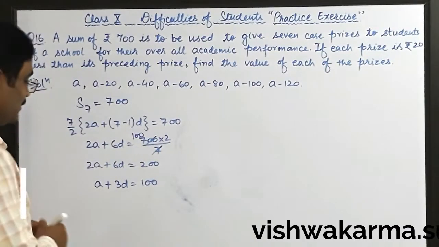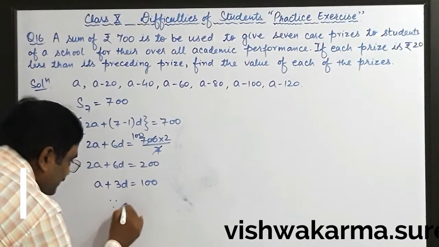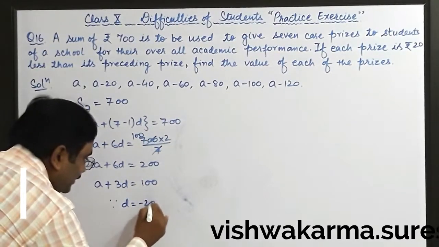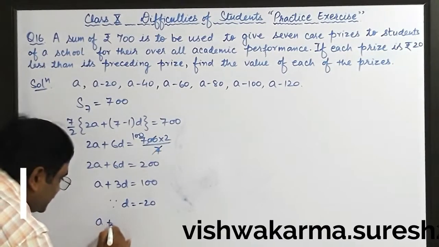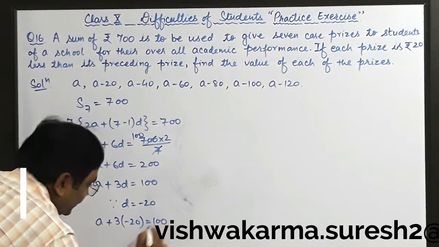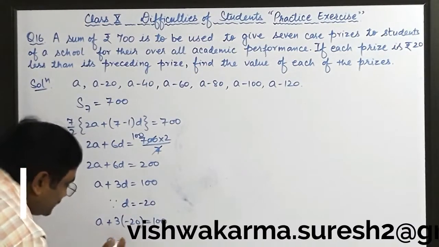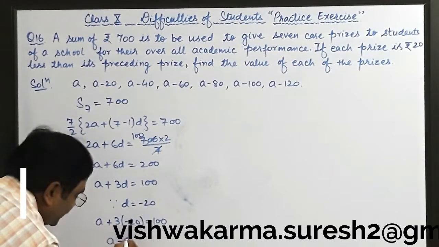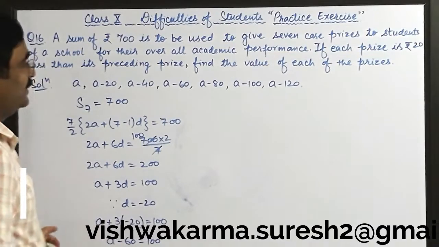Therefore D is equals to minus 20, so substitute: A plus 3 into minus 20 equals to 100. So A plus, plus into minus is minus, 3 into 20 is 60, is equals to 100.